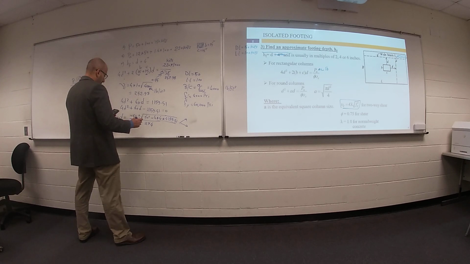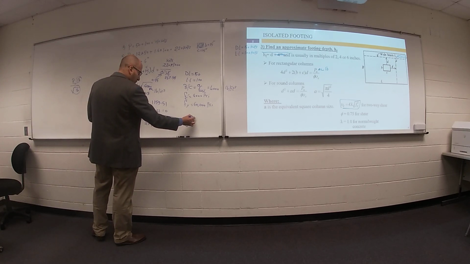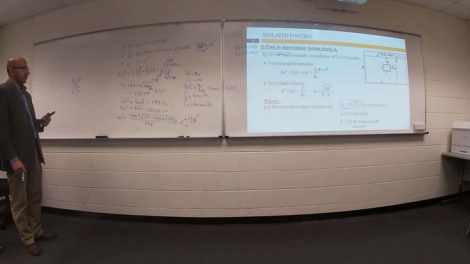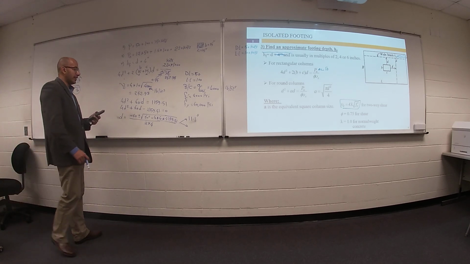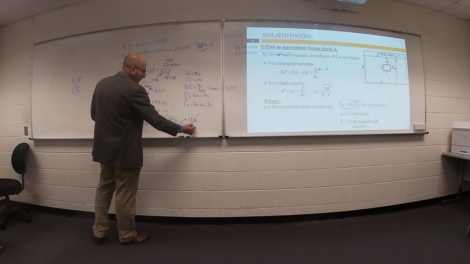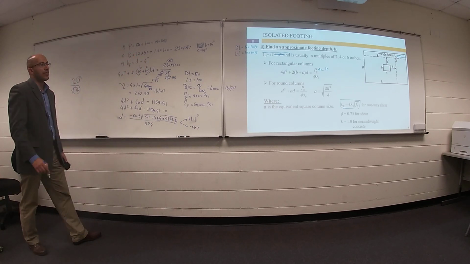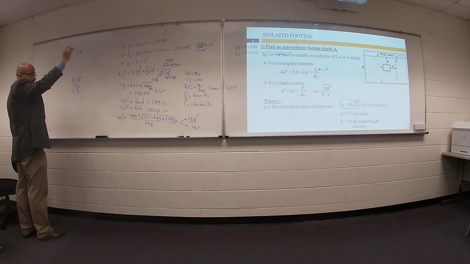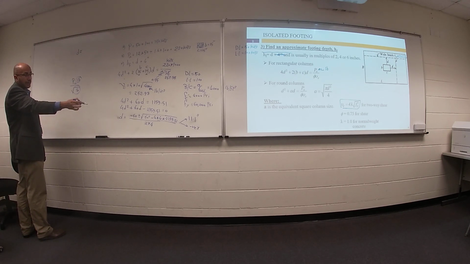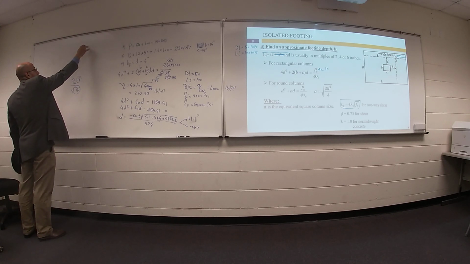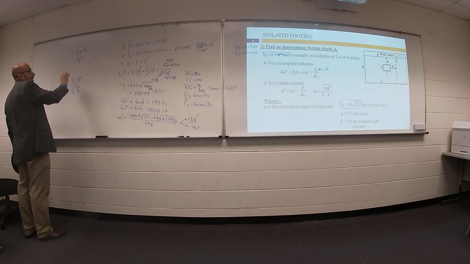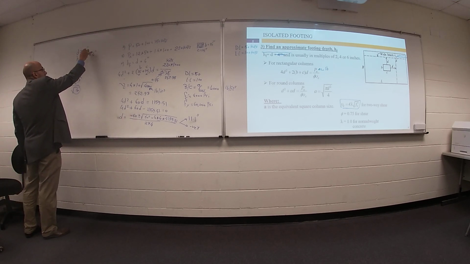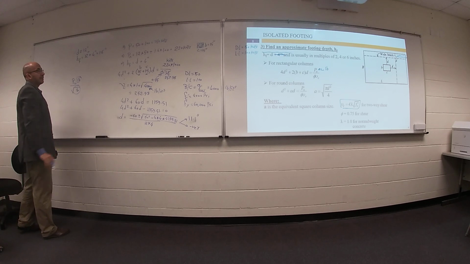Your depth will be 11.1 inch. I think the second solution will be negative, and I cannot accept negative depth. So the depth, an integer and even number, will be 12 inch. That means your total thickness of your footing will be 12 plus 4 inch equals 16 inch.